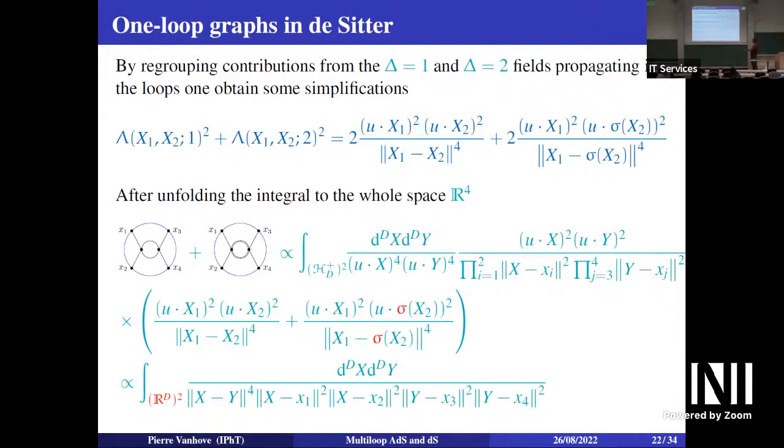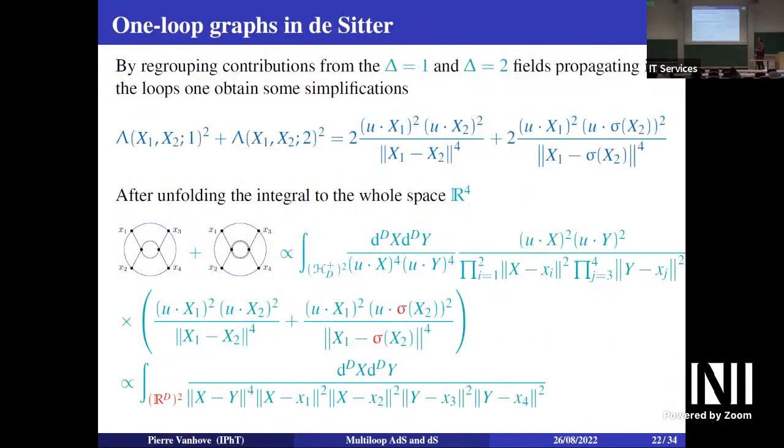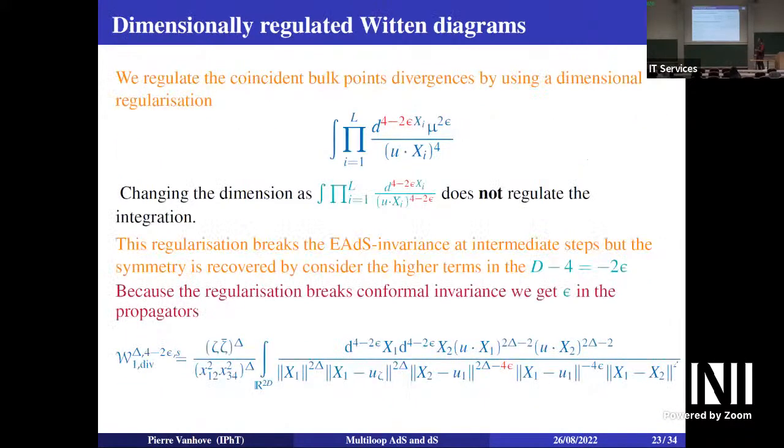So at the end of the day, you just have to evaluate that integral, which now has issues because it is divergent. When X goes to Y, there are divergences. So what we do is regulate the integral by doing some dim reg; the xi should be downstairs.